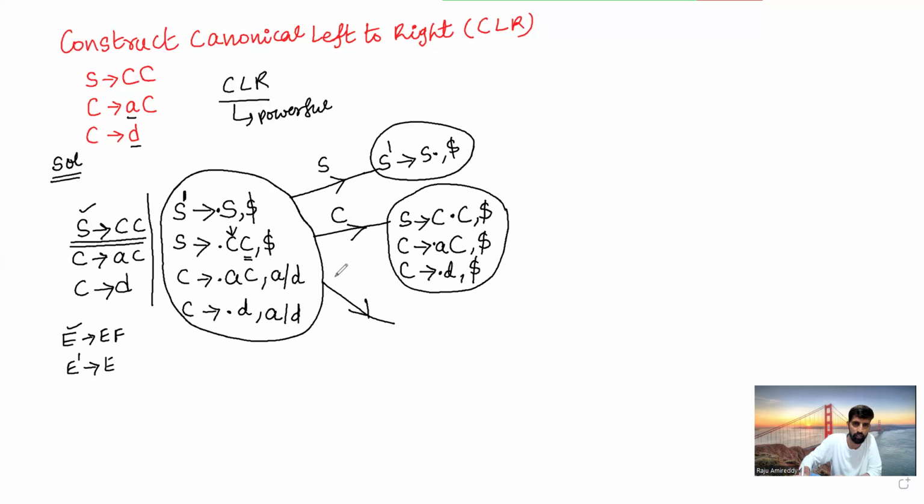Now I am going to have small a. What is small a? This is capital C tends to A dot C, A dot C comma A by D, as it is we need to write. Now for this C we will get capital C tends to dot AC as well as capital C tends to small d.